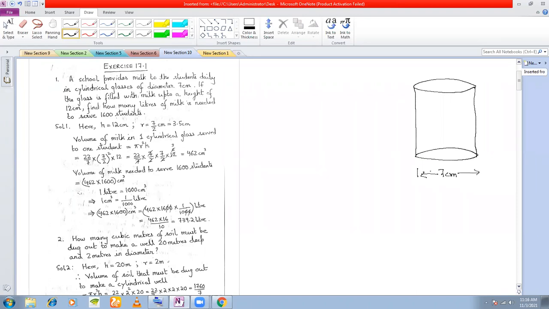Now if the glass is filled with milk up to a height of 12 centimeter, now let's suppose that the school gives the student this much of milk. Okay, so this glass is filled up till 12 centimeter.